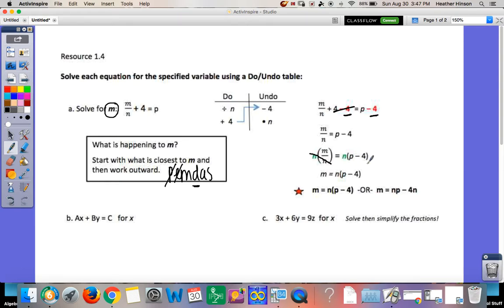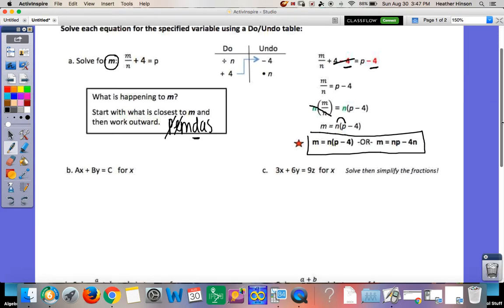Now it's in parentheses because we have to multiply it by everything. Anytime you have parentheses, you can write these two ways. You can leave it in parentheses, n times that whole parenthesis p minus 4, or you can distribute it out. n times p is np, and n times negative 4 is negative 4n. So you can write it either way. It's completely up to you.